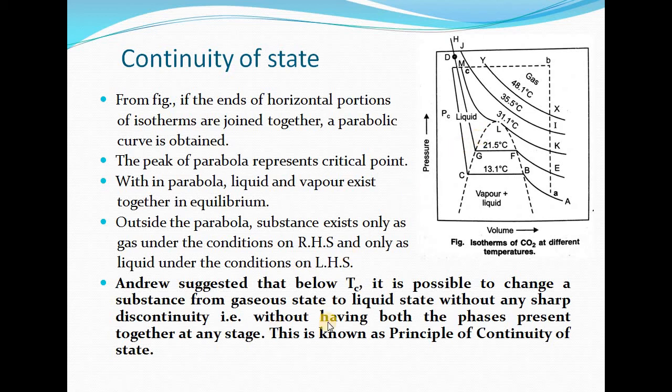So what Andrews suggested, that below this critical temperature, it is possible to change a substance from gaseous state to the liquid state without getting any stage at which both the phases are present together.